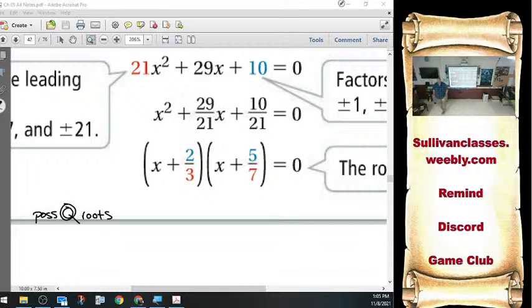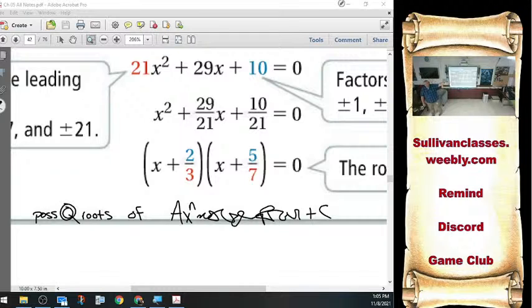Y'all remember rationals? Rational is something that can be written as a fraction. All my possible rational roots of ax to the n, and so on, plus c. Leading term, stuff in the middle, constant at the end.